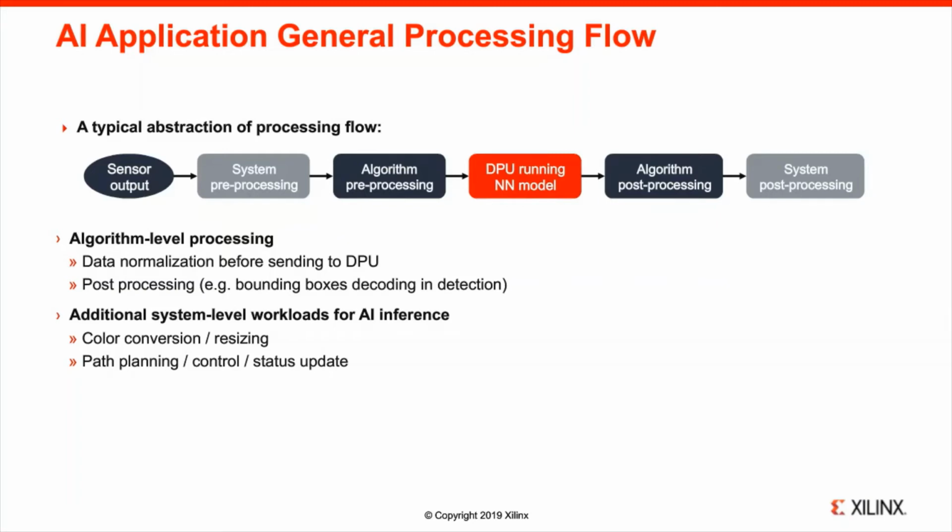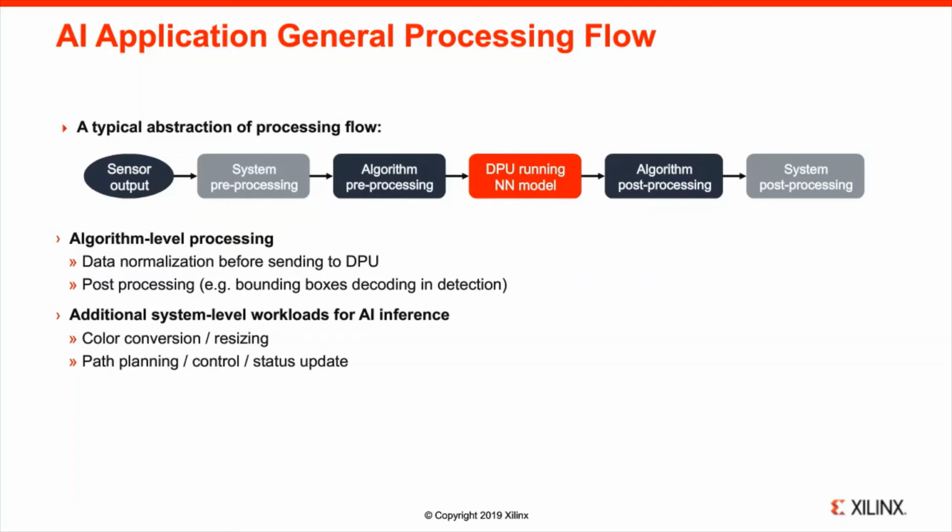And then we have some algorithm-level pre-processing, like normalization and image resize. After that, the model is deployed on the DPU for computation. The output goes through some post-processing at the algorithm level, and then some system-level post-processing. So that's the typical workflow for a general AI application.